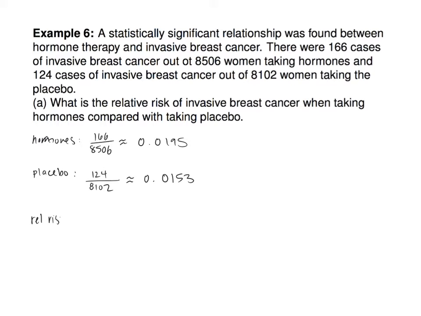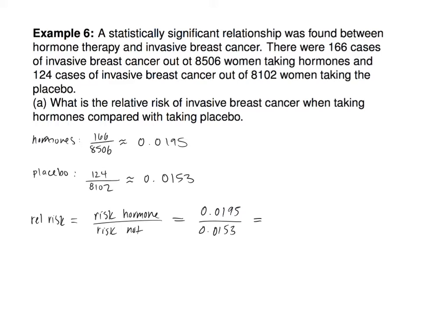Remember, the relative risk was your risk for category A divided by risk for category B, right? Remember that from the first lesson or second lesson? So the risk for hormone over the risk for not. So that's 0.0195 over 0.0153.